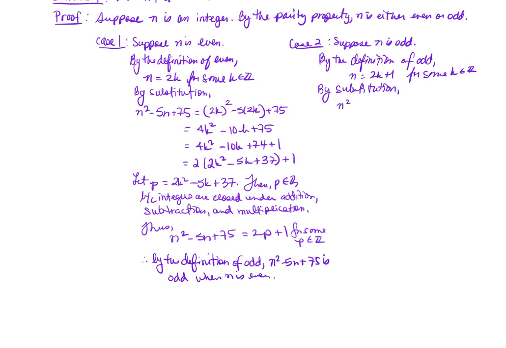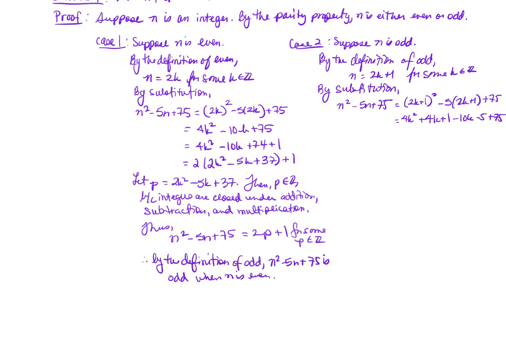N squared minus 5n plus 75 is now going to equal 2k plus 1, quantity squared, minus 5 times the quantity 2k plus 1, and then plus 75. So this is when you have to remember that 2k plus 1 times 2k plus 1 is a trinomial. It is 4k squared plus 4k plus 1. We have minus 10k, minus 5, and plus 75.